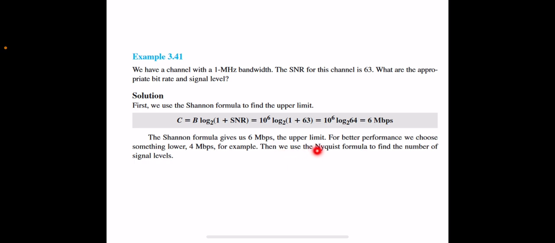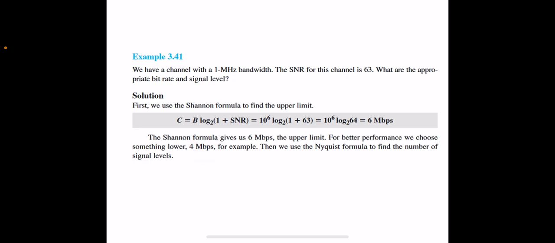Then we use the Nyquist formula. This is the maximum, right? For better performance, we are not utilizing the maximum, but taking another value near to that, that is 4 megabit per second. Now we have to find the number of signal levels we can use to achieve this bit rate.